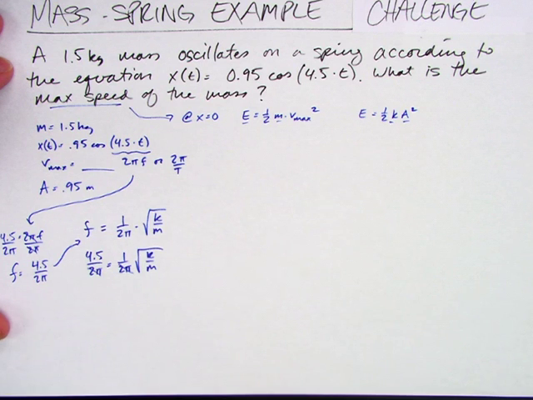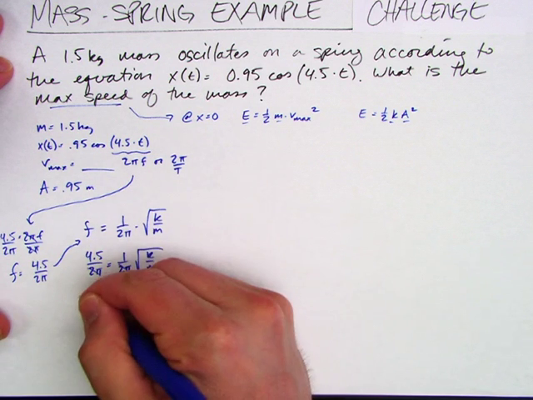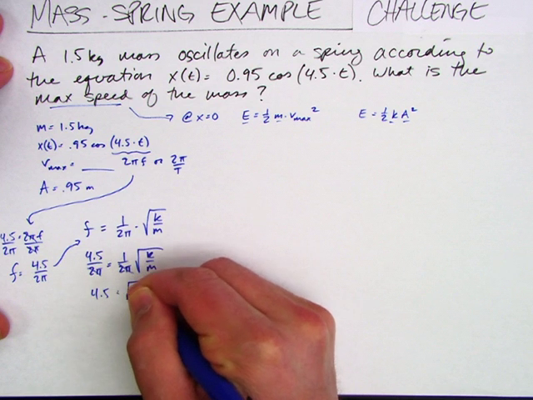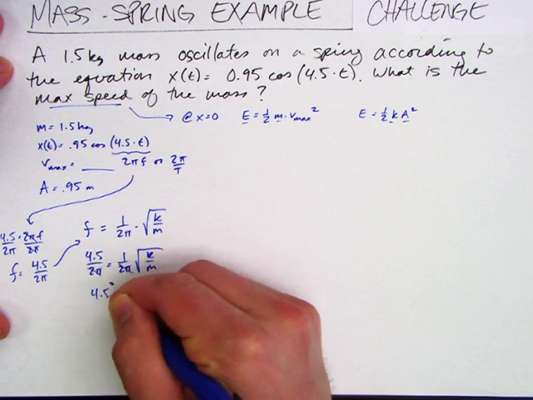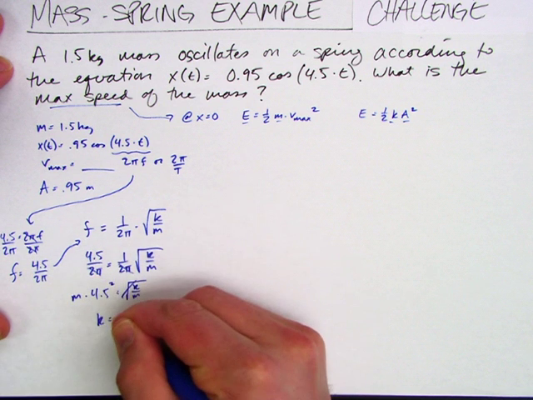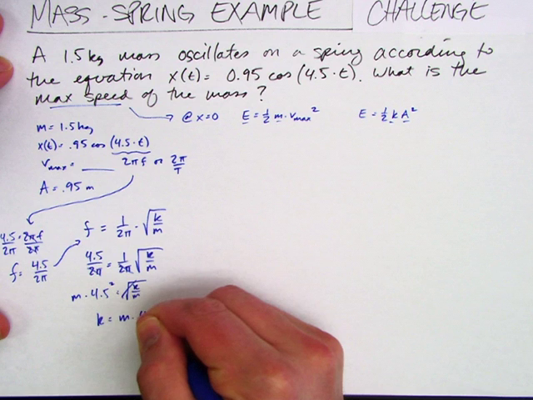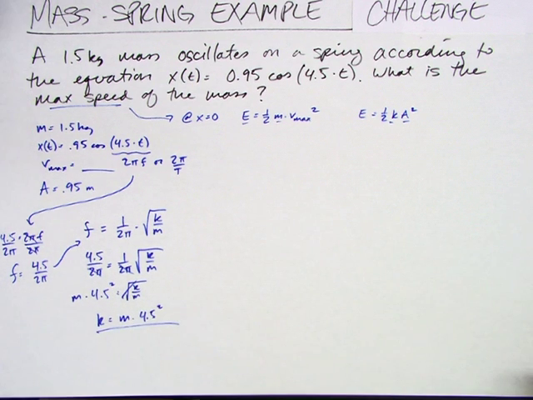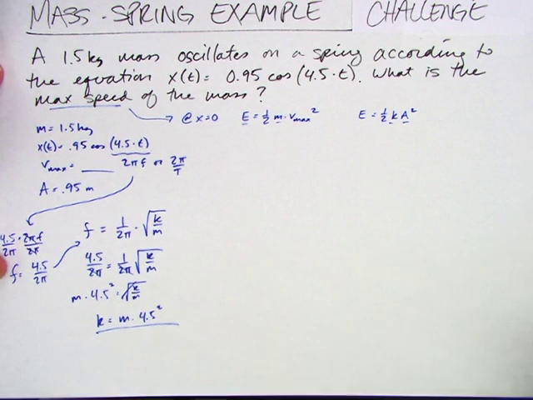So I get an expression for K. 4.5 equals square root of K over M. I square both sides and multiply by M. I get K equals the mass times 4.5 squared.